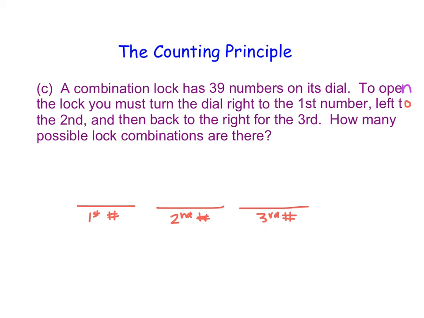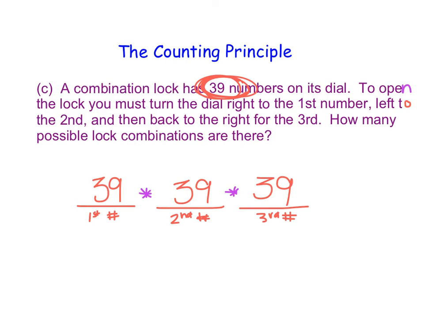So here, if I look at this particular example, for the first number, I have 39 number options. For the second number, I have 39 number options. And for the third number, I have 39 number options. So for this counting principle problem, we actually have 3 numbers being multiplied together that are the exact same because we have 39 options for each.